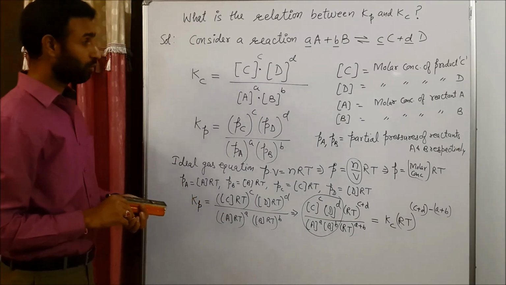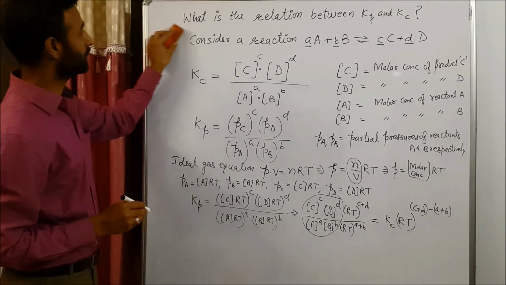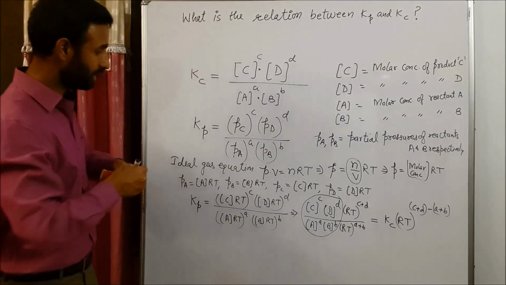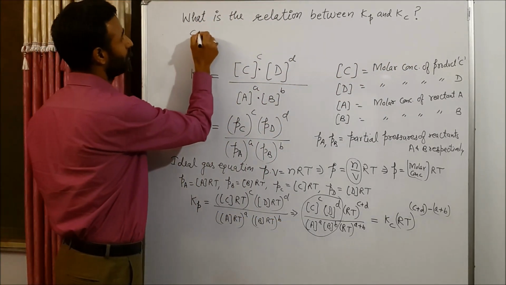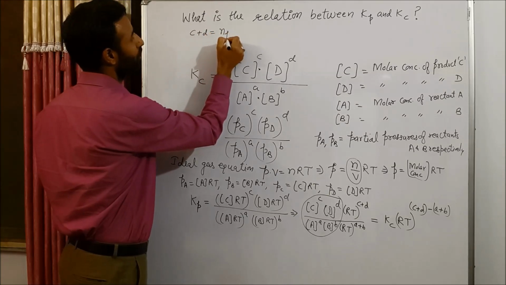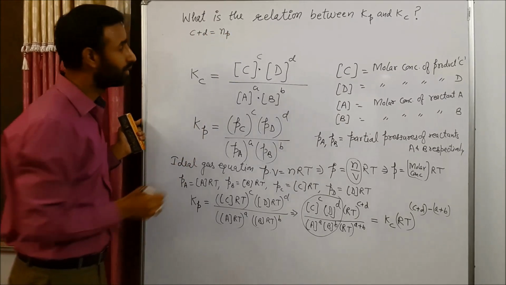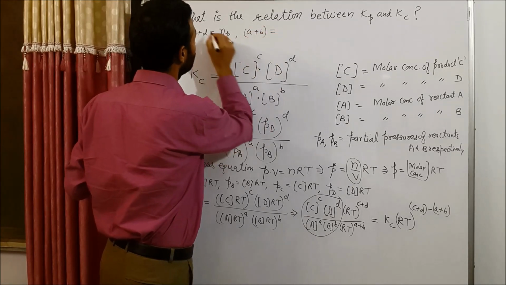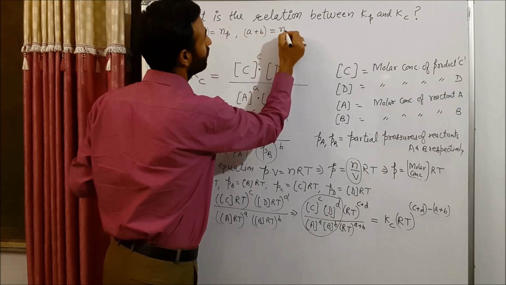What is c plus d now? Tell me, what is c plus d? c plus d is the number of moles of product. And what is a plus b? Number of moles of reactant.